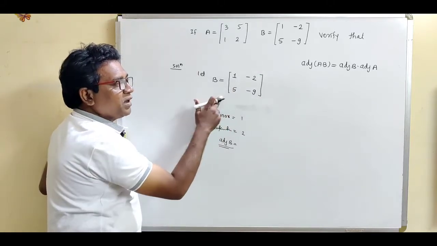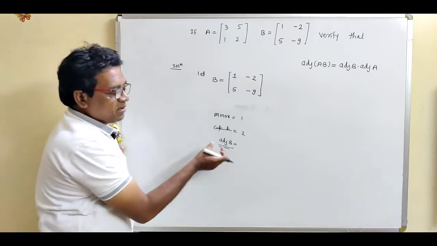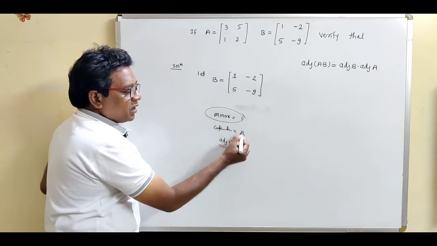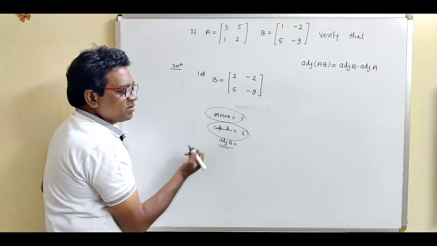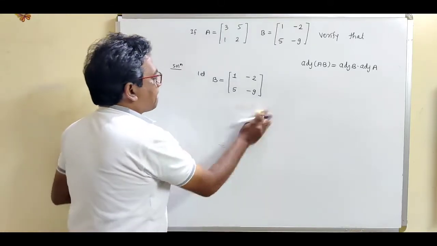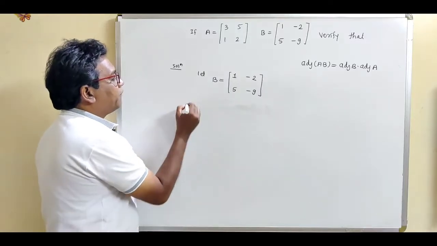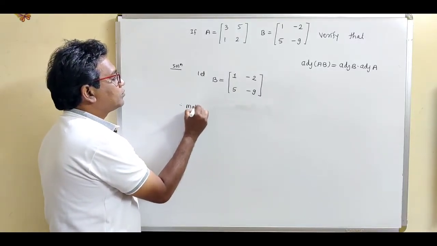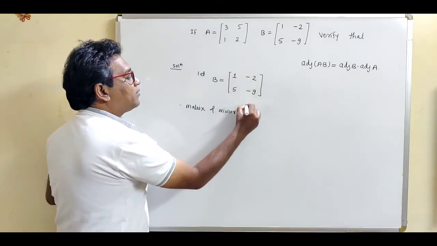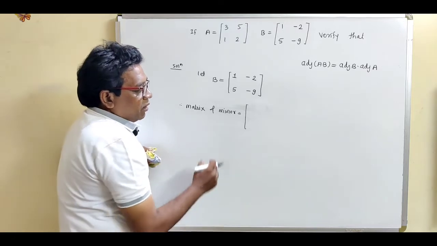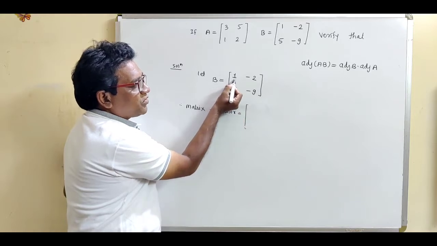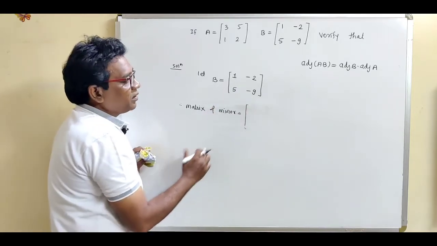From the given matrix B, how to find out the adjoint of matrix. First of all, find out the matrix of minor, then find out the matrix of cofactor, and what is the third step? Just take its transpose, it is called the adjoint. So write down therefore, matrix of minor is equal to, now let us find out this first minor element. So this is the relative position. So how to find out that minor element?